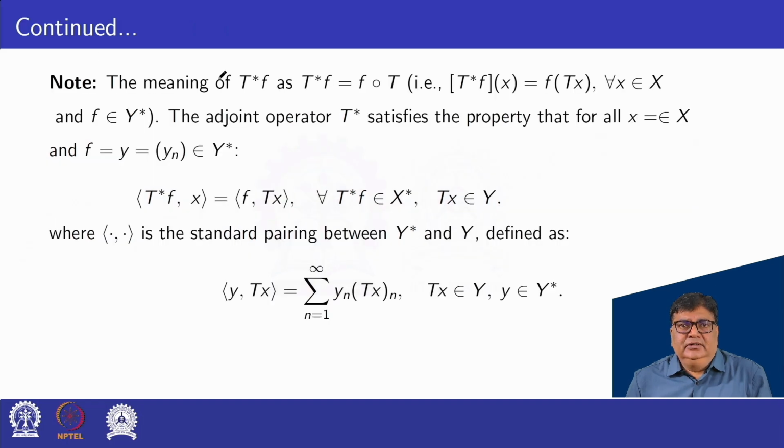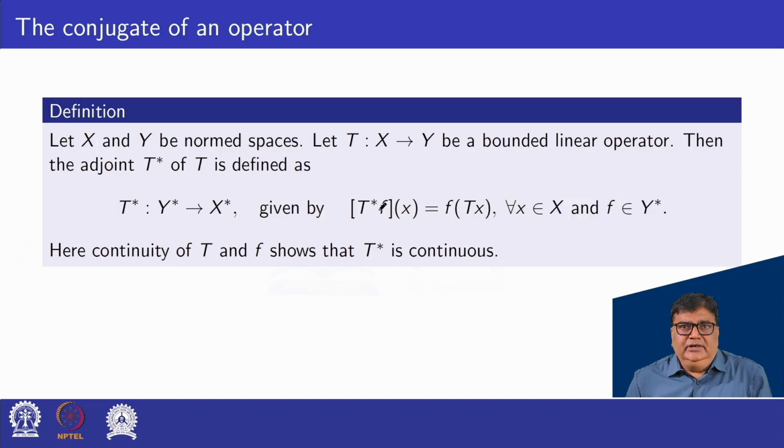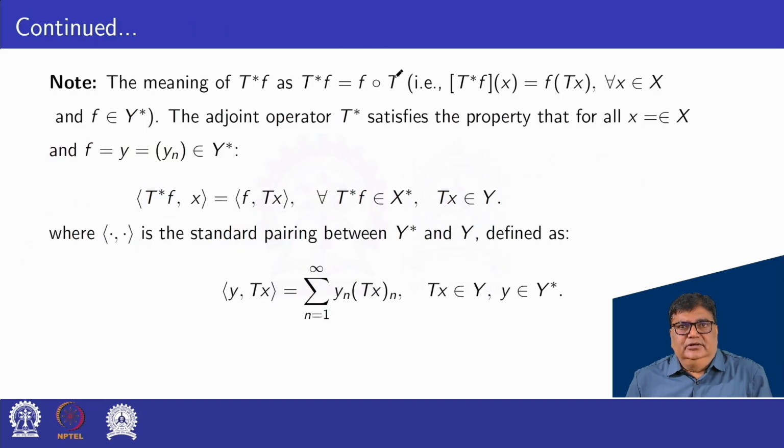That is the meaning of T star f, defined as f of Tx. The meaning of this is f composition T. That is, (T star f)(x) equal to f of Tx, where f belonging to Y star and x is an element of X.